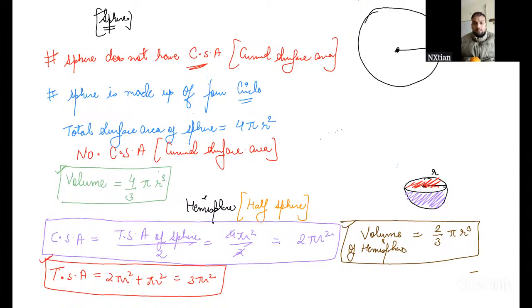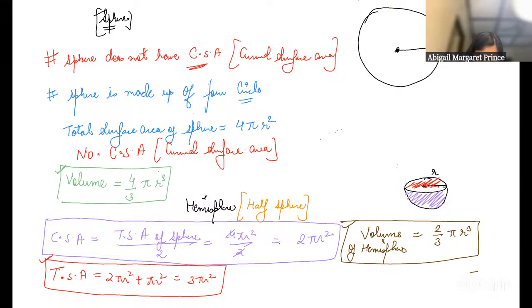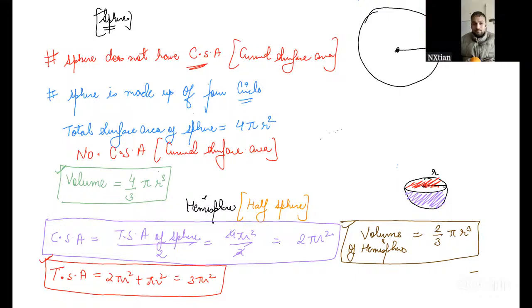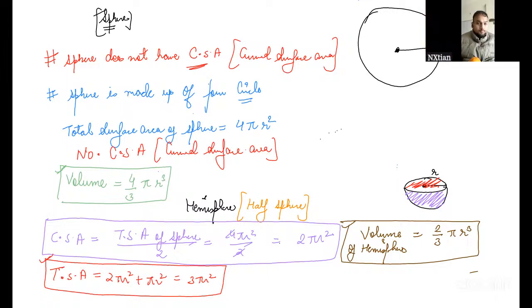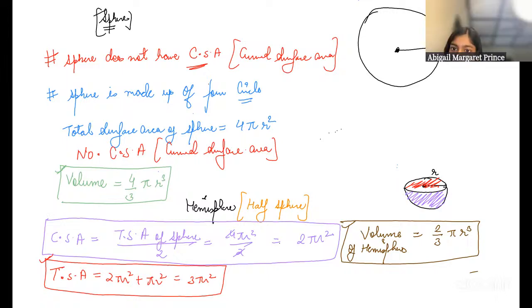Okay, done? Yes, I have a doubt. We know the TSA is 2 pi r square plus pi r square. Can we write it as pi r square into, within bracket, 2 plus 1? Yeah.